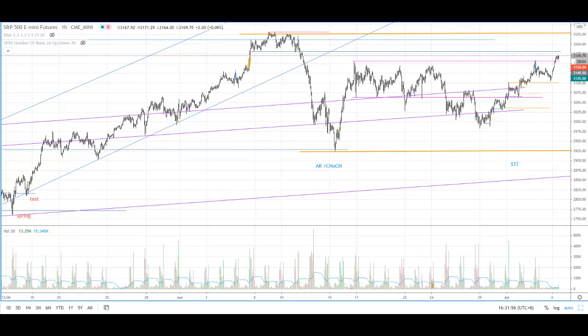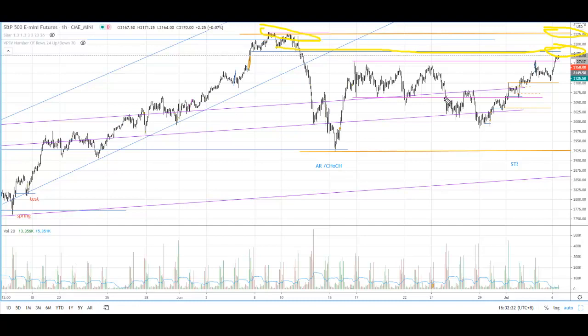But first of all, the immediate resistance level is definitely at 3180, which I've marked up here. This is kind of like the axis line. If we can commit above 3180, chances are we are likely to see a test of the swing high at 3230. That's the swing high resistance.